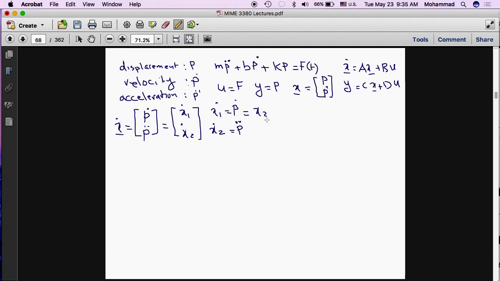So p double dot, according to this equation, equation 1, is equal to 1 over m, f of t, minus b p dot minus kp.